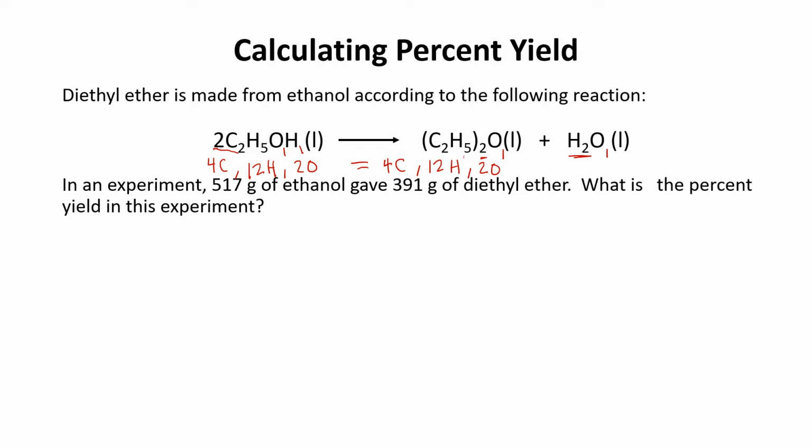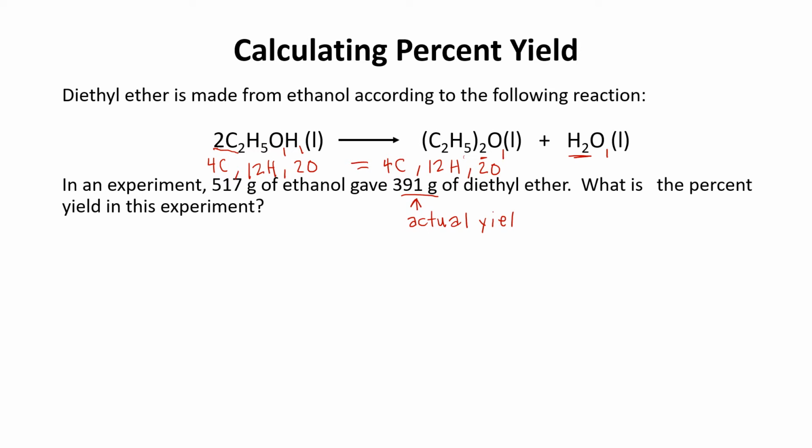So now we can get busy. In an experiment, we find that 517 grams of ethanol gave 391 grams of diethyl ether. So what this mass corresponds to is what we call our actual yield after the experiment.